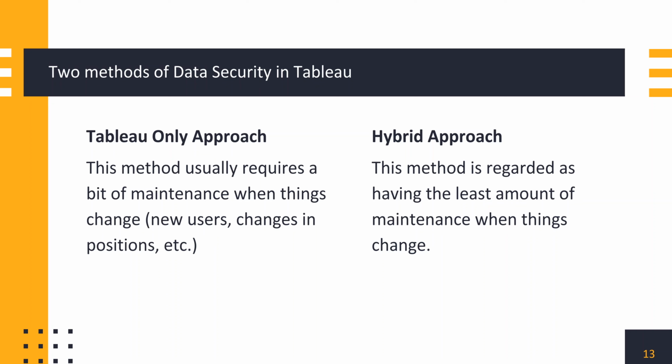Maintenance can be things like when a new user is added, or if there are changes in positions within an organization, that would require a bit of work to be done. But there's also a hybrid method, where a mix of Tableau and data source elements are used in conjunction with each other. The latter of the two may involve some calculated fields, but it's considered the lower maintenance method of the two.